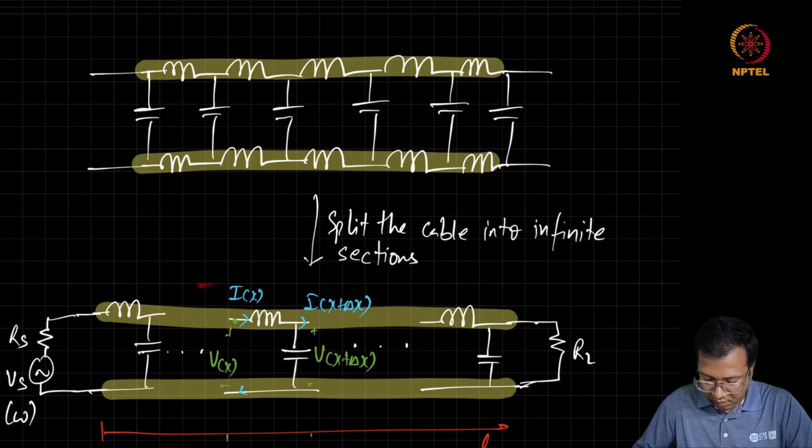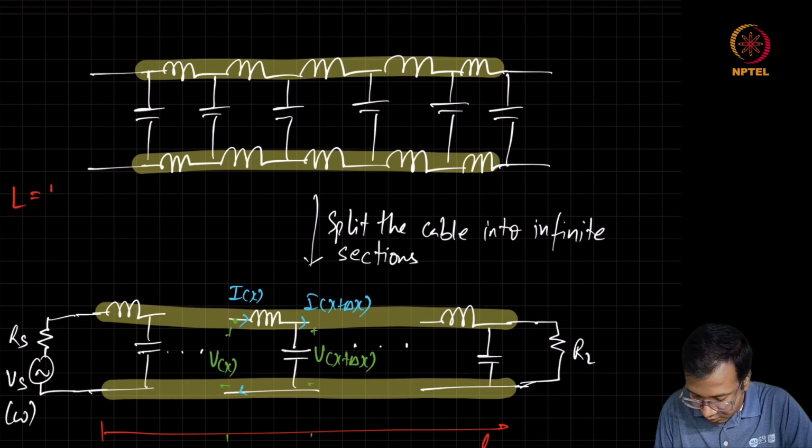So we can talk about a term called inductance per unit length, L. This is the total inductance divided by the length of the cable.